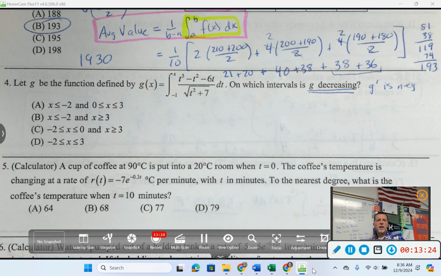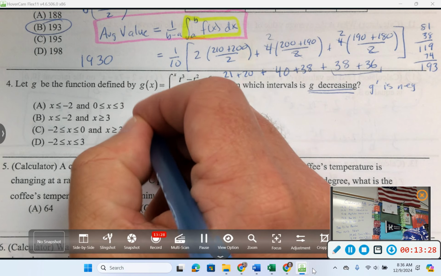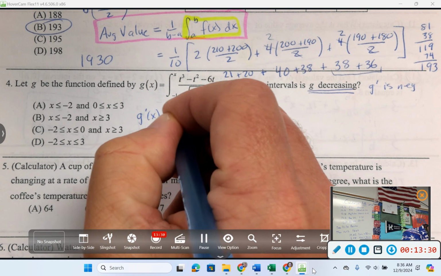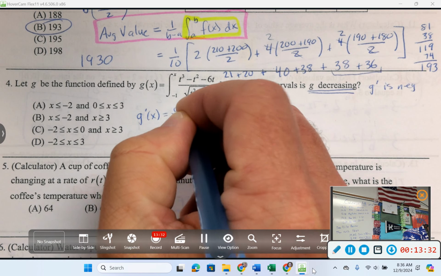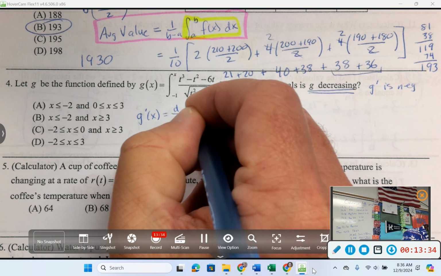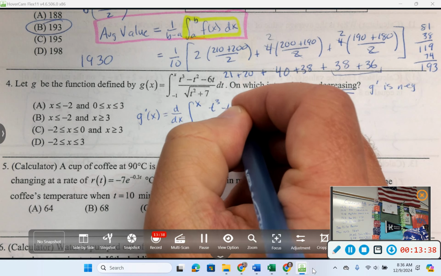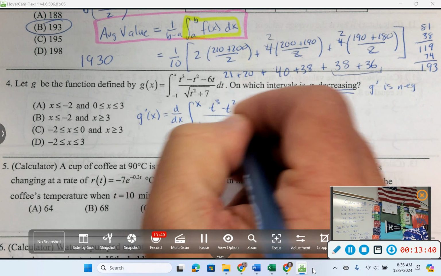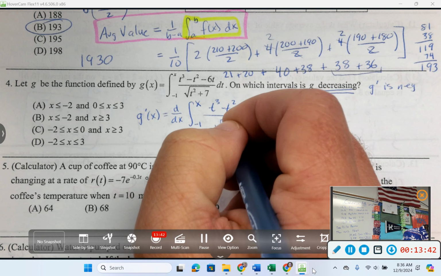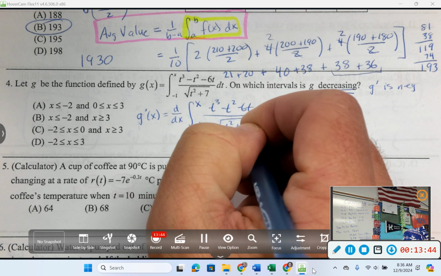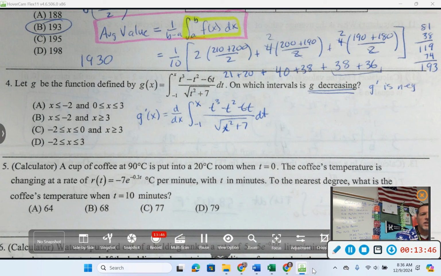Okay, so I need to take a derivative of G to get G prime. So G prime is the derivative of all of this. Perhaps that looks terrible. Rewrite all that stuff. But what's going on here?